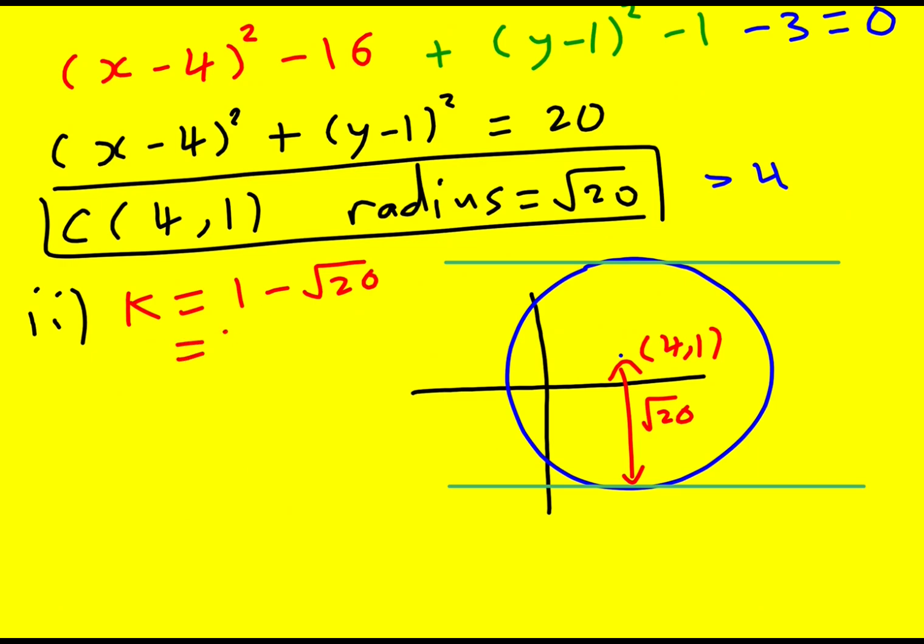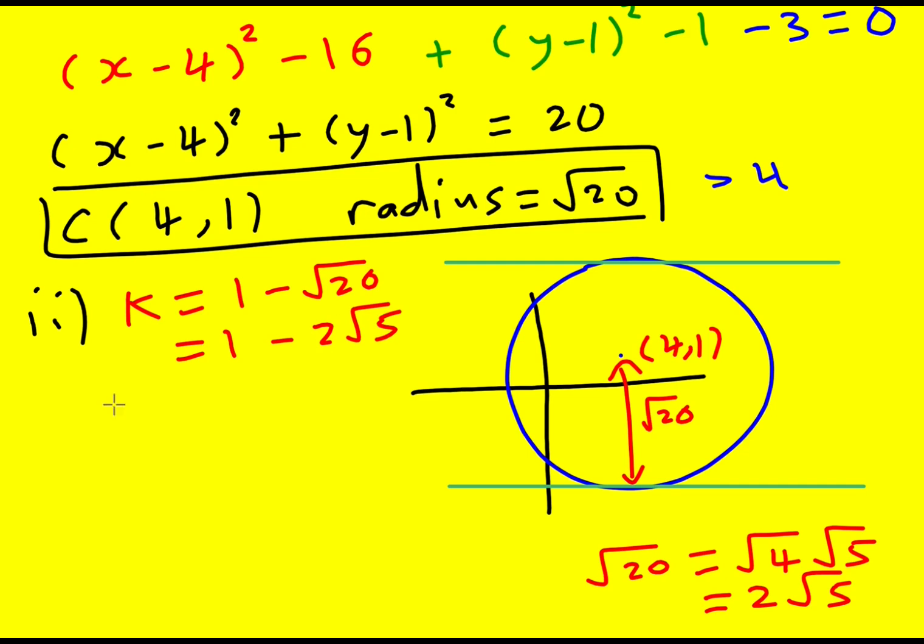We're asked for simplified surd form. So root 20 is equal to root 4 times root 5. We try to take the square numbers out, which is going to be 2 root 5. Or it's going to be 1 plus root 20. So those are our options.